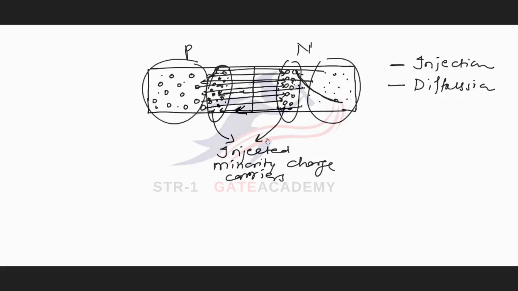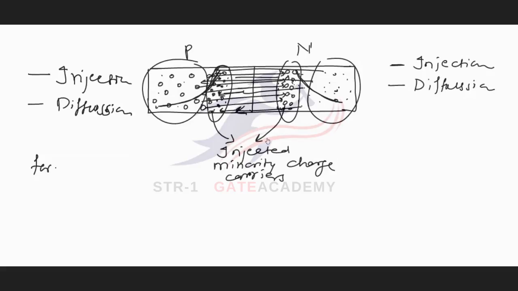So these electrons will move from higher concentration to lower concentration, meaning there will be diffusion of these electrons. So for these electrons there was first injection and later diffusion. As the charge carriers after injecting from one side to the other are diffusing, I can conclude that the forward current of a diode is a diffusion current.